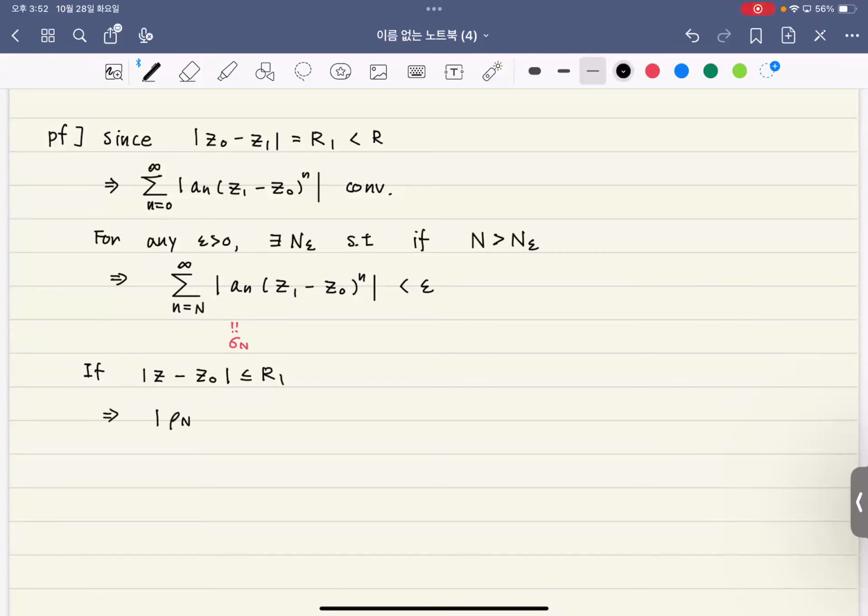Now, this is the remainder, which is the sum of a_n (z minus z0) to the n.